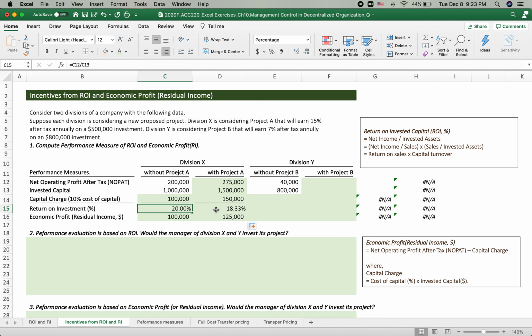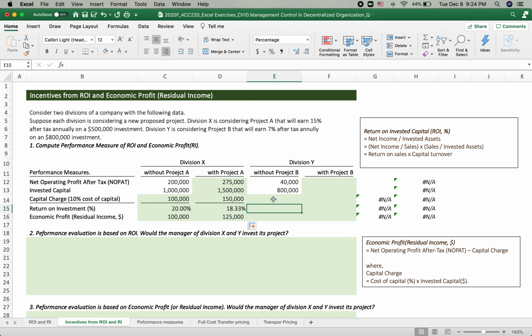There's no reason to take this project A. But if the company evaluates division X by economic profit, it has increased to $125,000. $25,000 additional economic profit has been gained. So why not? That's why the company should evaluate not only return on investment as a performance measure, but also economic profit.